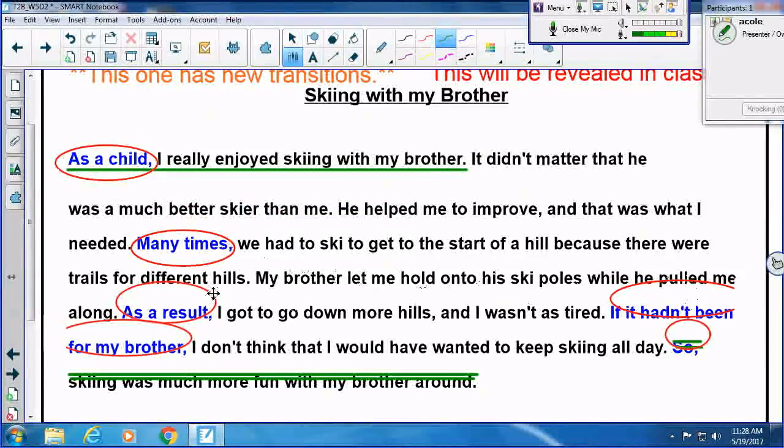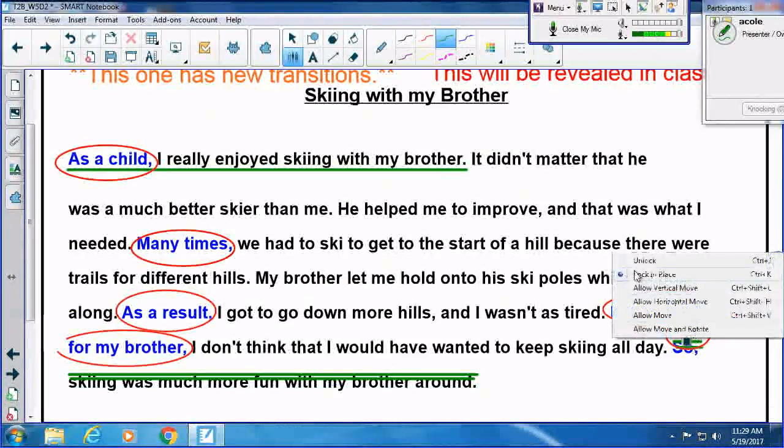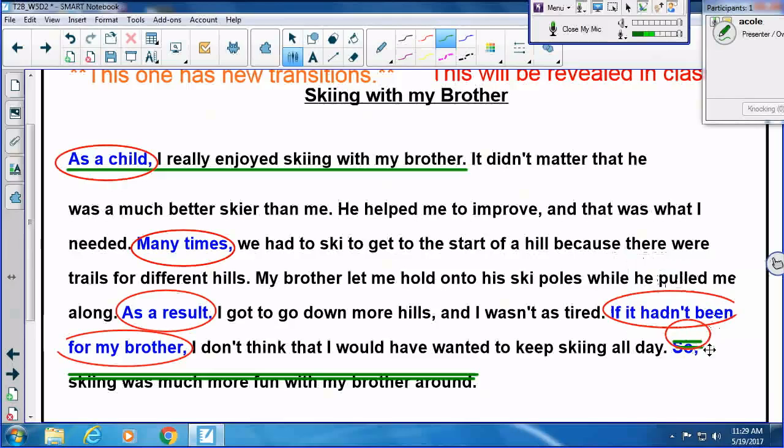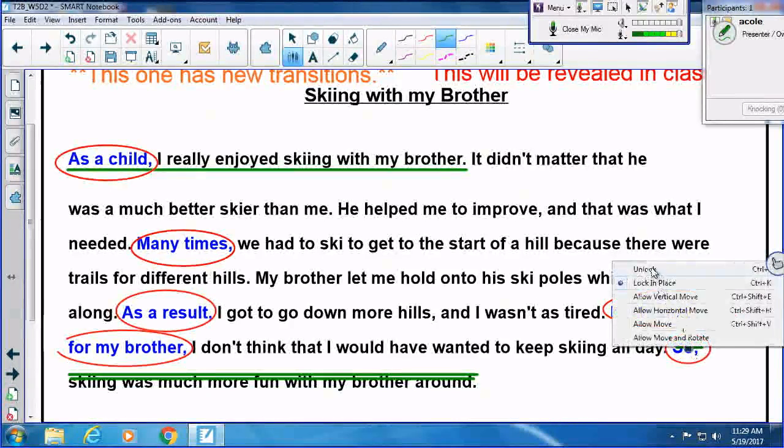And then I have as a result, instead of I think I used so, right? And then I have if it hadn't been for my brother, instead of saying without my brother's help, remember I used without my brother's help before. So if it hadn't been for my brother. And then I actually finish this with so, with my concluding sentence. So you can see how I could have used different transitions here, right?